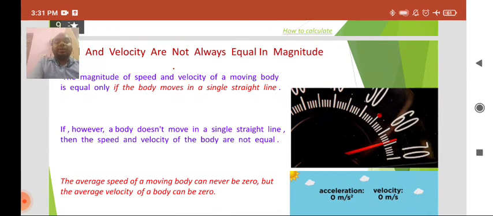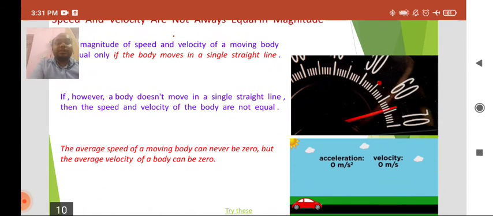If however a body does not move in a single straight line, then the speed and velocity of the body are not equal. The average speed of a moving body can never be zero, but the average velocity of a body can be zero. According to the conclusion, the average velocity of a body can be zero.